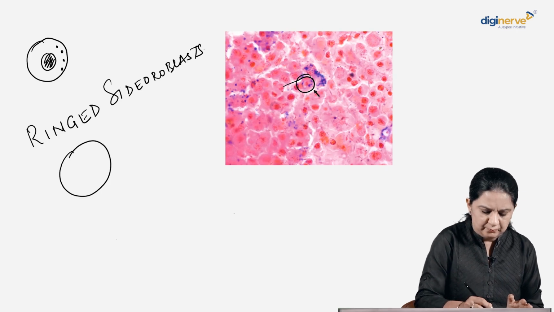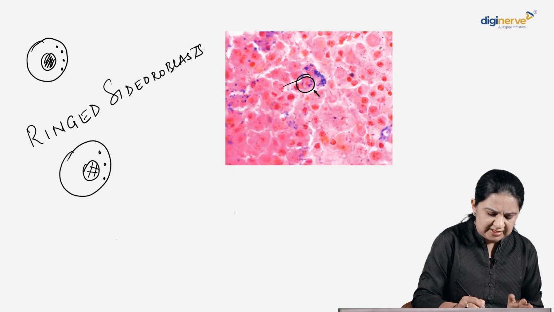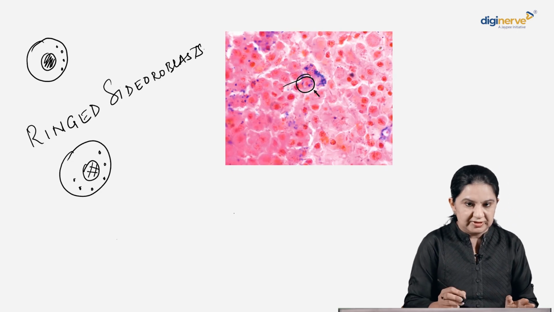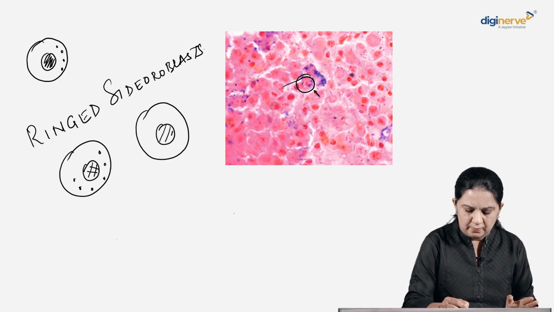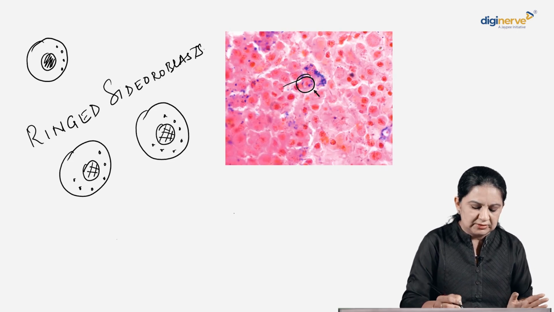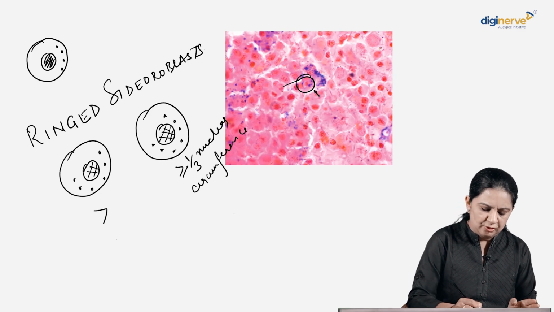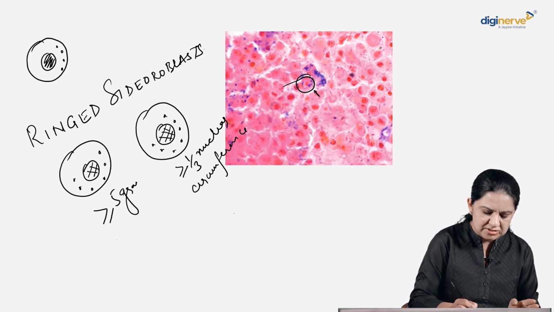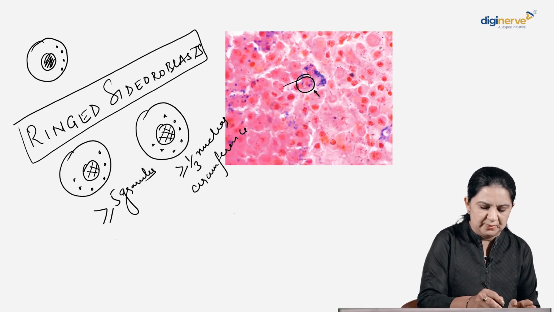Please remember, more than 5 granules, or iron granules covering more than or equal to 1/3 of the nuclear circumference, or more than or equal to 5 granules is enough to label them as ringed sideroblasts.